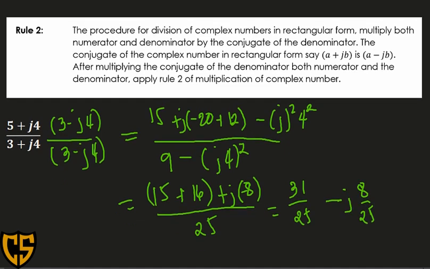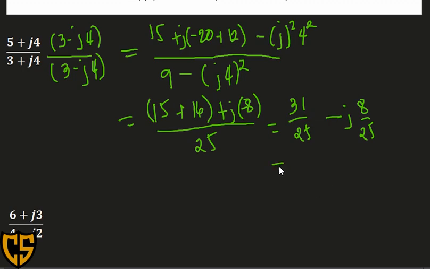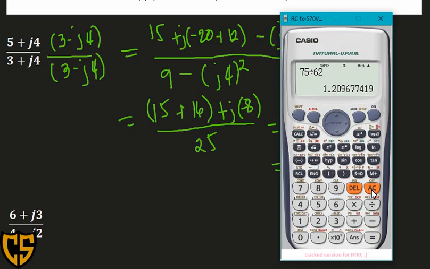We can leave it as our answer, or we can express it in decimal form. 31 over 25 is 1.24, and 8 divided by 25 is 0.32.